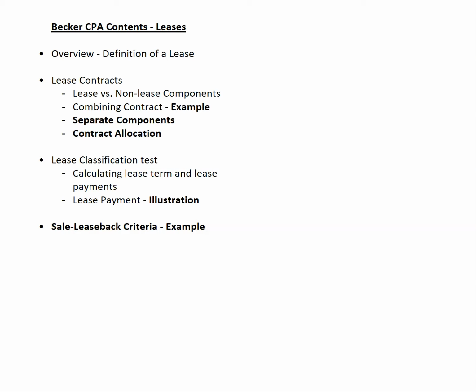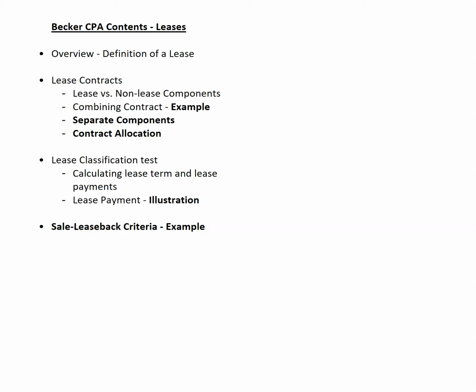You can combine those contracts if they are entered into approximately at the same time and the parties related to all those contracts are the same. Another criterion could also be met for combining the contracts, which is related to the price: the performance or price of one contract affects the price of the other contracts, and those contracts are related to the same objective, then we can combine those.